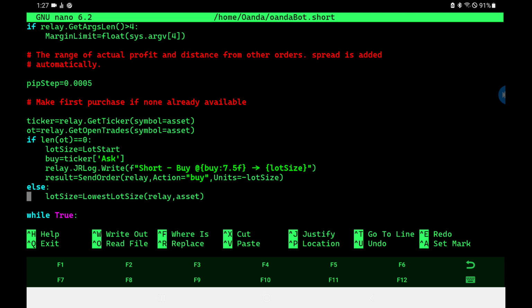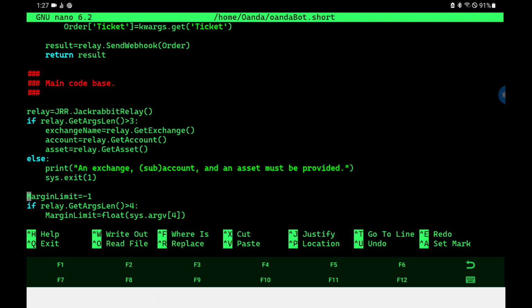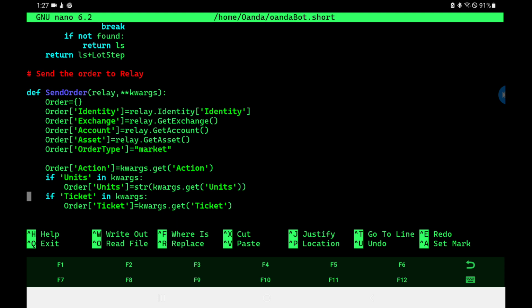So let's actually go up and first talk about some of that information. Now, as we just saw, send order below. Send order is what we actually use to communicate to the framework, to relay. So it's going to set up all of the things we need. That is, we need an identity.